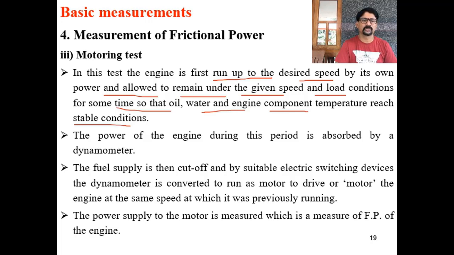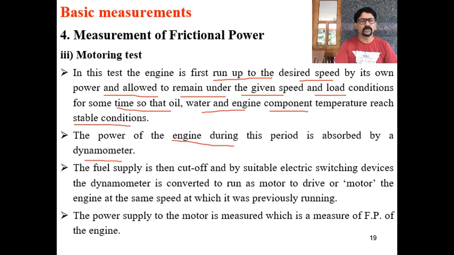So initially you run the engine at the desired speed by applying a known load, and wait for the steady state condition. The power of the engine during this period is absorbed by the dynamometer, since you have applied some load.